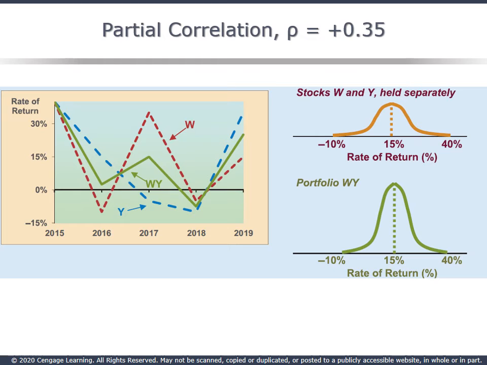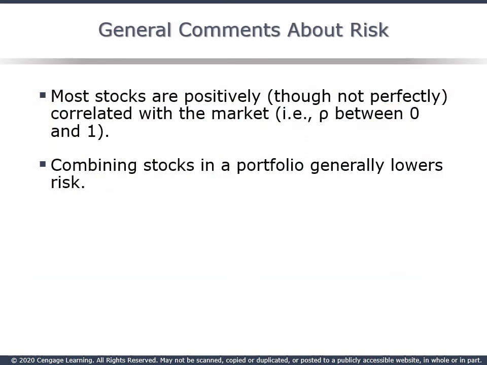That tells me that as you add more and more stocks to your portfolio, the chances are that you're going to reduce your risk. So most stocks are positively correlated. In other words, they're not that first graph, they're not the second, but most of them lie with that third graph. Combining stocks in a portfolio generally lowers your risk.